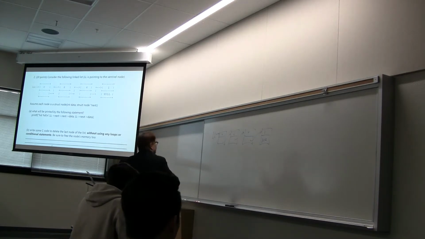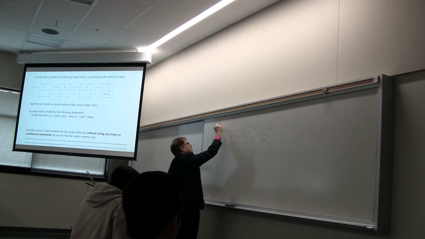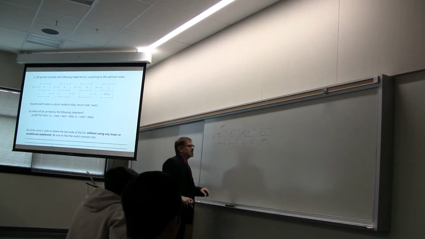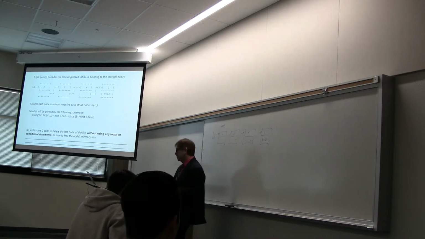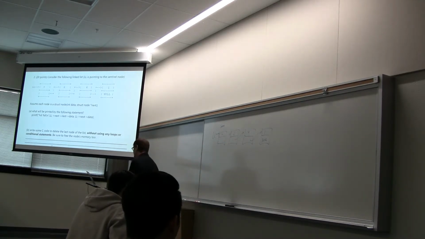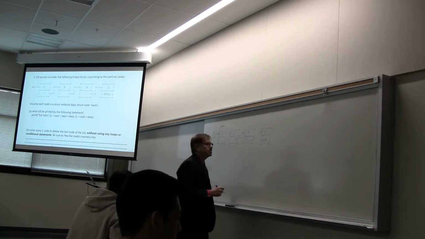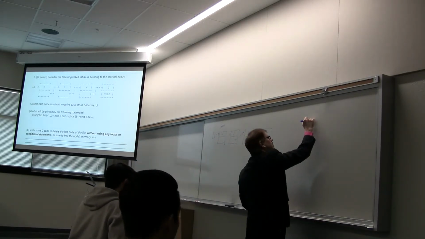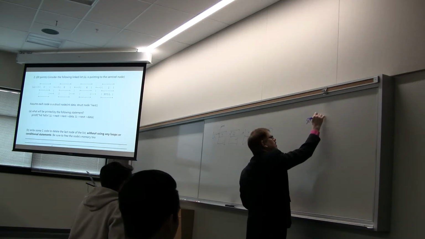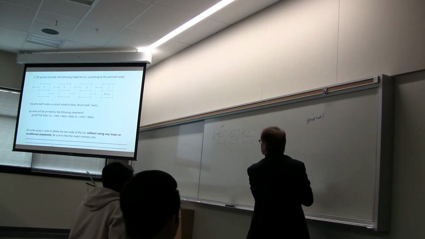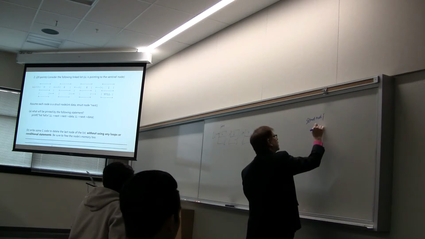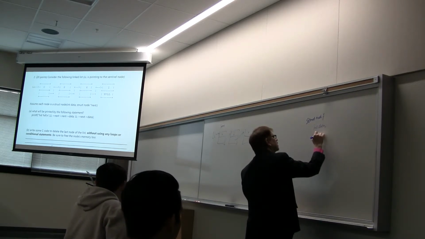So linked list, sentinel node. So 3 data nodes, a 6, a 4, and a 1. All right, and this is all built around a struct node with an integer data and a struct node star next.